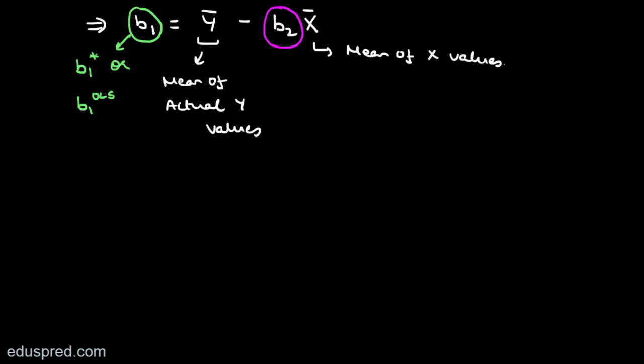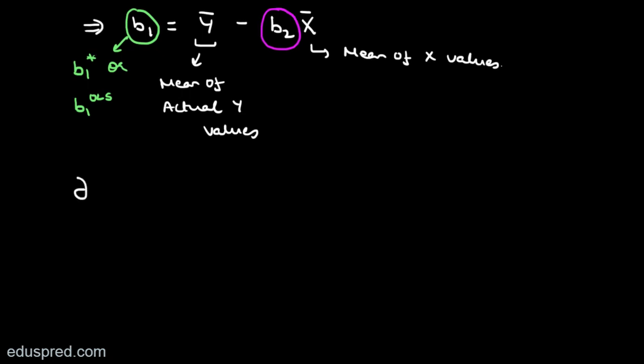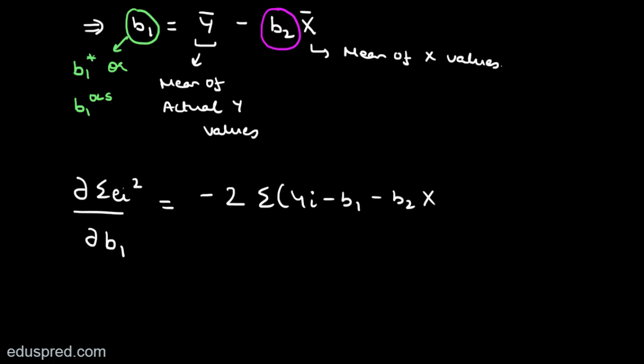In step number 3, we have to show that the second order condition is also satisfied. So basically we have to show that the second order derivative is greater than 0. Now, if you recall, this is the first order derivative that we got when we partially differentiated summation ei square with respect to b1. So we got that this is equal to minus 2 summation yi minus b1 minus b2 xi.